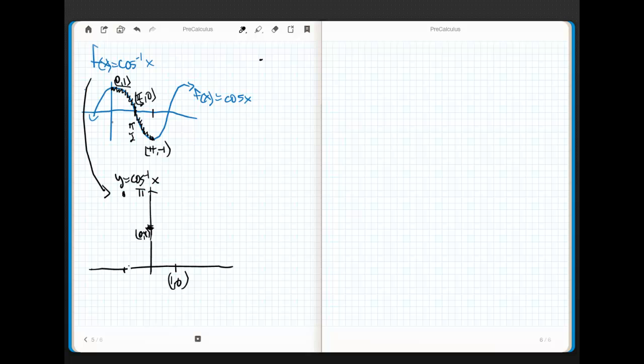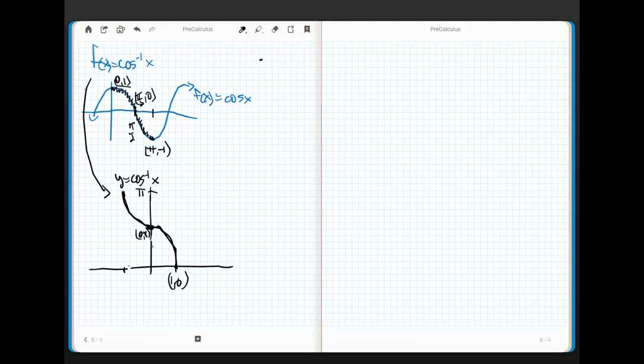Now remember, I should be able to reflect this across y equals x, and these things are going to be reflections of one another. So if I take this thing and I go like this, and like this, you see what happens there?